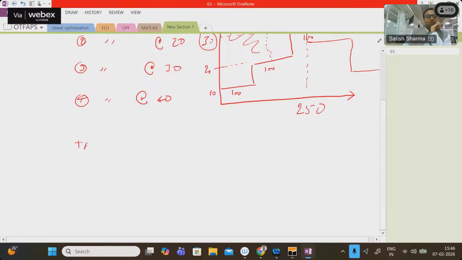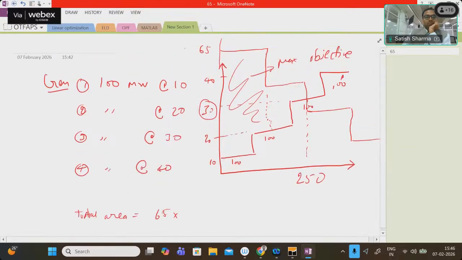The total area is basically 65 into 150 and then 35 into the remaining 100.